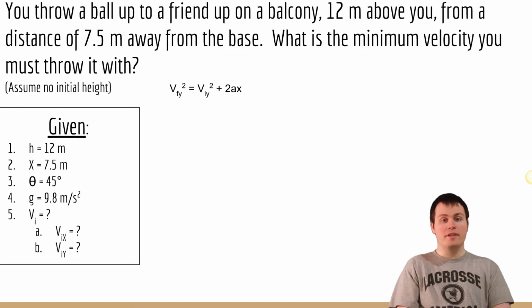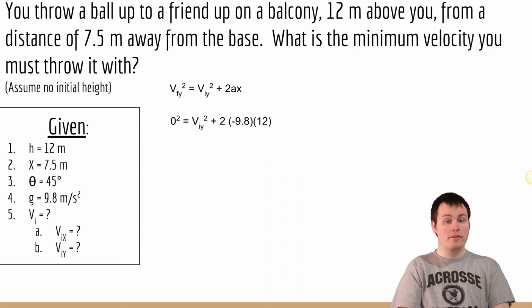We don't know the initial velocity, and that's what we're going to solve for. We know gravity, and we know it was 12 meters above us for x. So we plug all that in, solve for the initial velocity, and we find the initial velocity in the y direction is 15.34 meters per second.